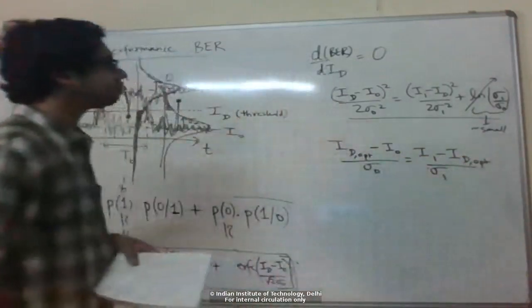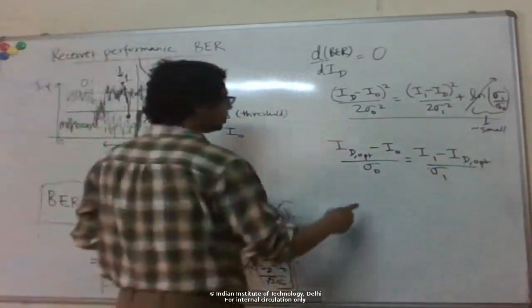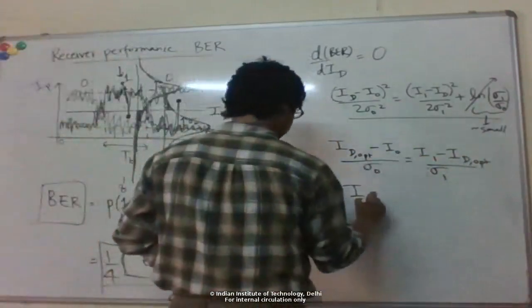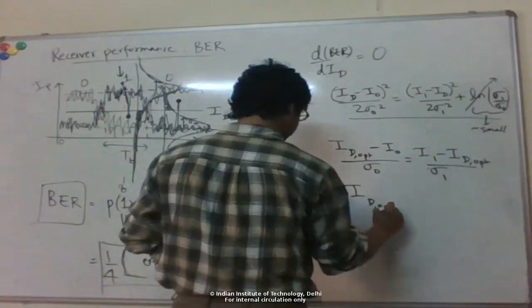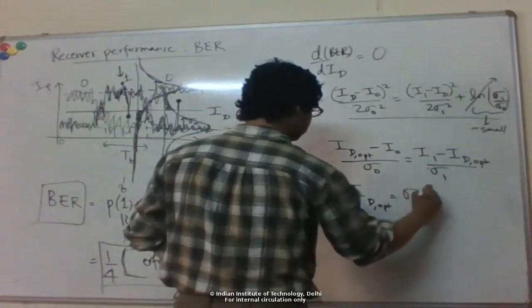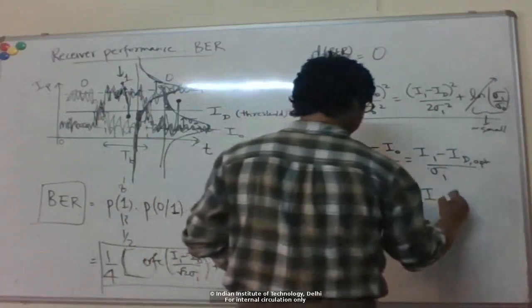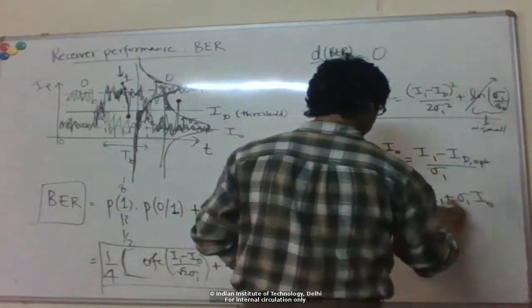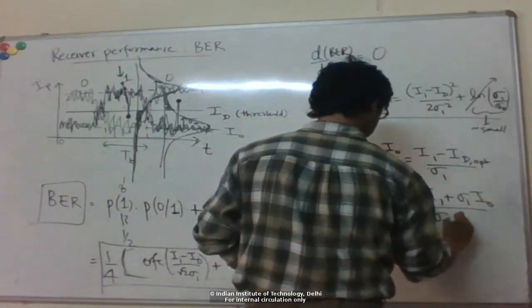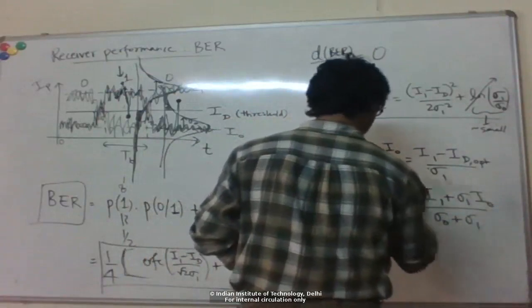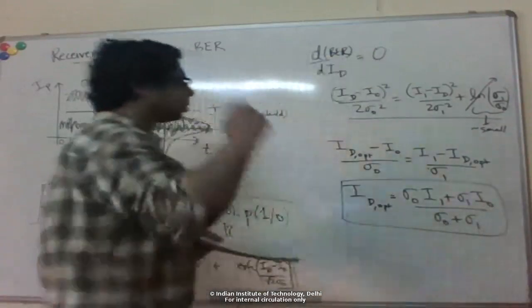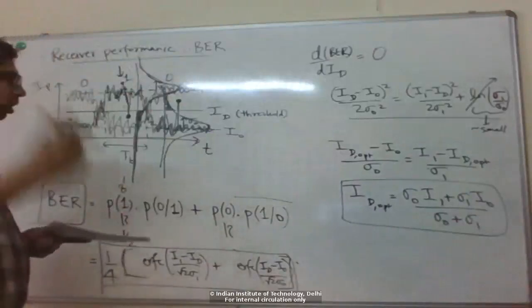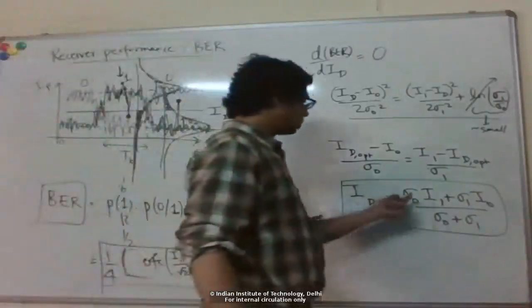And so you can see if you solve this equation, the optimum value of ID is just this.